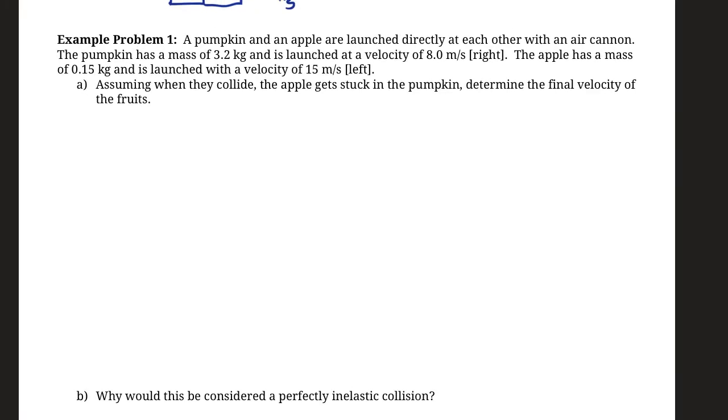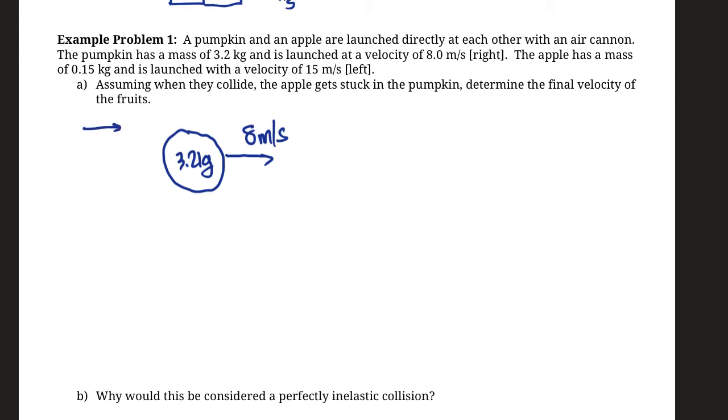Okay, a pumpkin and apple are launched directly at each other. The pumpkin has a mass of 3.2 kilograms, so I'm just going to draw a quick sketch. Here's our pumpkin, and it's 3.2 kilograms, launched at a velocity of 8 meters per second to the right. Directions are going to be important here, so we should define what our positive direction is going to be.